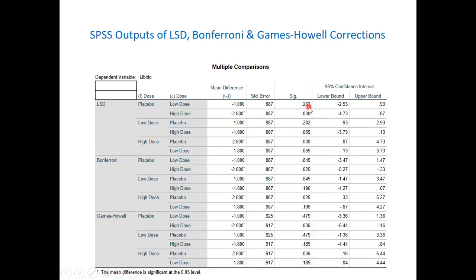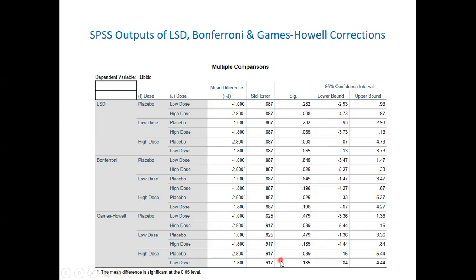Even though it's not significant, the p-value is getting smaller. The smaller the p-value, the better the difference. So if you look at the difference between high dose and low dose, which was 0.196 with Bonferroni, what do you have? It is 0.065, almost significant with LSD.